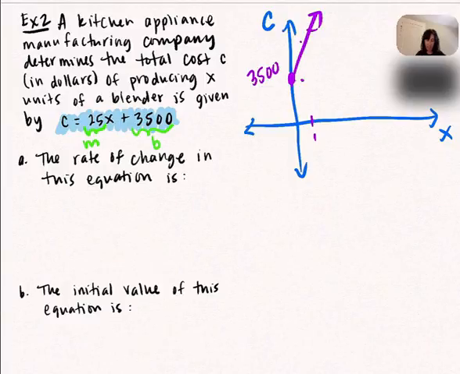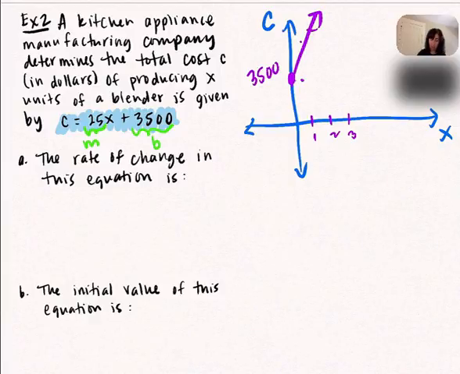It is saying that the cost of producing x units of a blender is given by this equation. So if you want to produce more units of a blender, in other words, if x gets bigger, then the cost is going to go up. And it's going to go up by 25 for every unit x you increase by. Now, we have seen that rate of change is the same as slope.